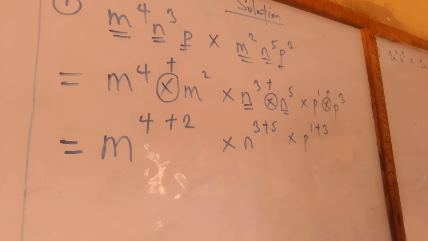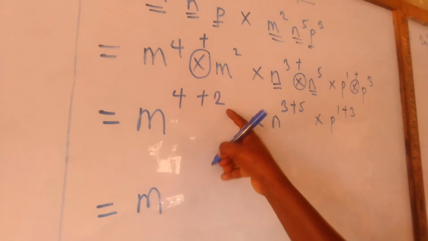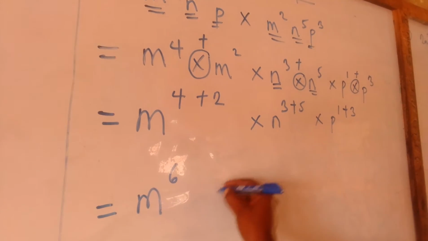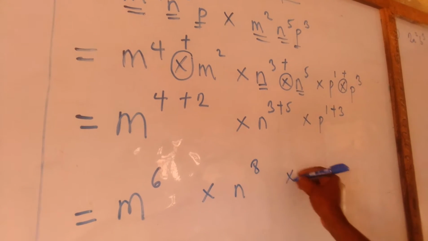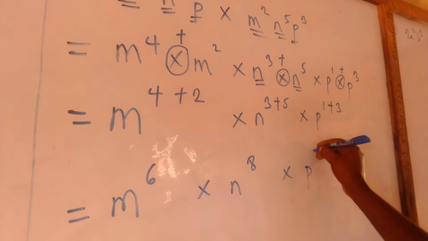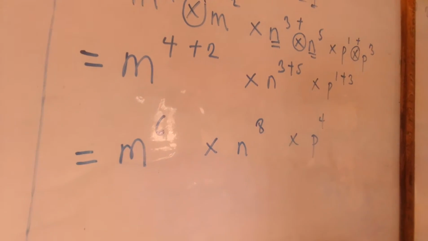Now let us manipulate together. m raised to power 4 plus 2 will give us 6. 3 plus 5 will give us 8. 1 plus 3 will give us 4. Now, we are going to combine the 3 together.